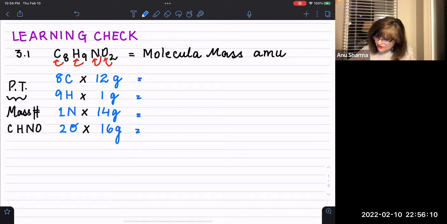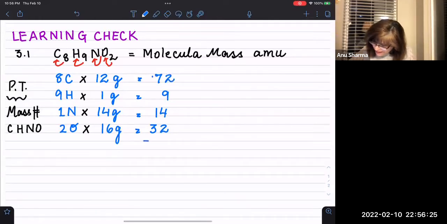When you do this, you do 8 times 12, 9 times 1, 14 times 1, and 2 times 16. So this is 32, this is 14, this is 9, and then 12 8s are 72. So you add all of this up. Okay, so 12 times 8 is 96, not 72.